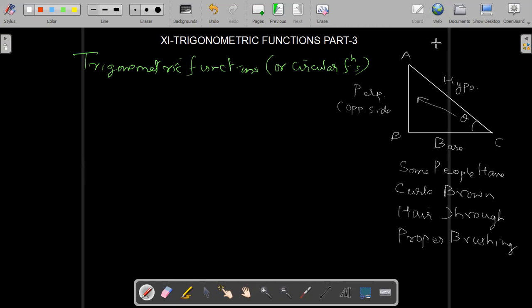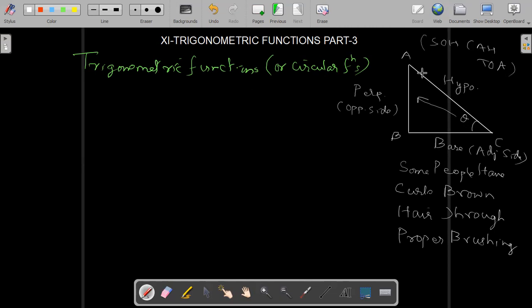So SOHCAHTOA, if you remember, I also taught you in class 10. Opposite to this is the adjacent side. If you are finding by opposite and adjacent, you have to remember SOHCAHTOA.